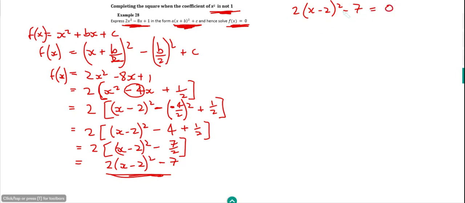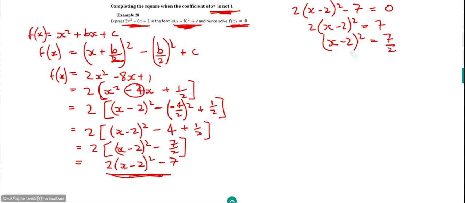And then we'd just unravel this equation and make x the subject. So we would say we've got 2 times x minus 2 squared, and then we could add 7 to both sides. So we'd end up with that. Then we could divide by the 2. So we'd end up with x minus 2 all squared equals 7 over 2.